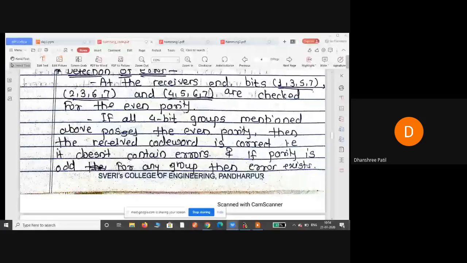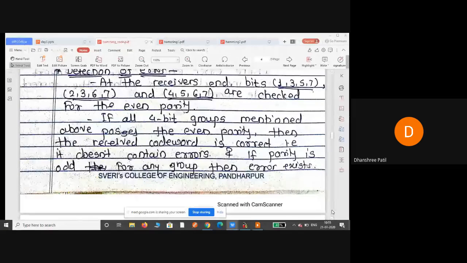Am I clear? So if I check this, it comes even, it also comes even, and it also comes even, then it means that there is no error. But if any one combination, suppose 4 5 6 7, comes as odd, it means that there is an error, and it has to be corrected.